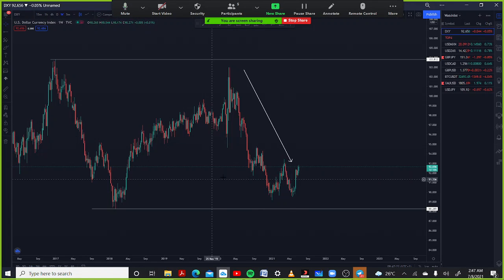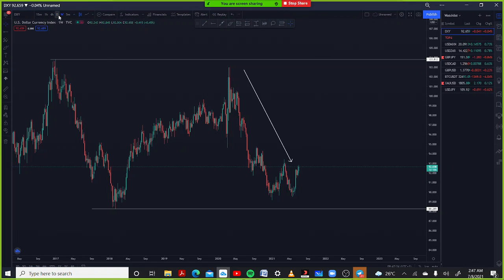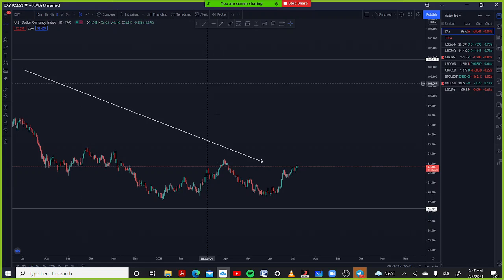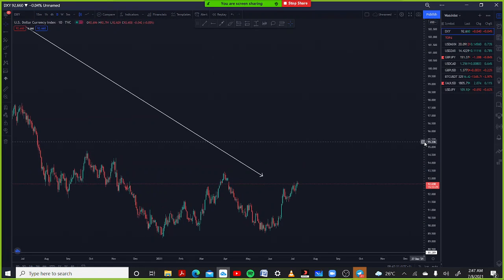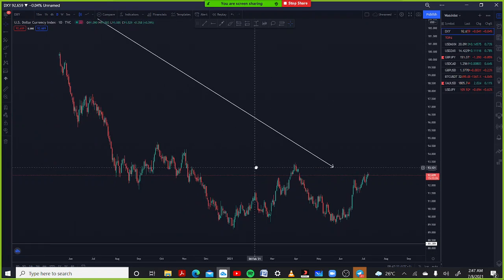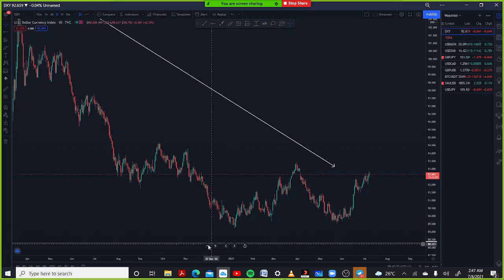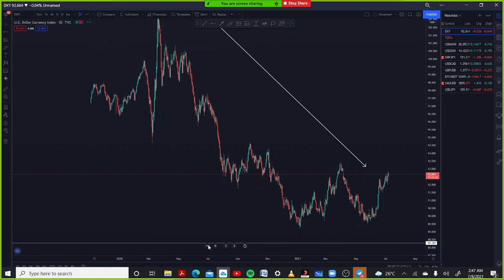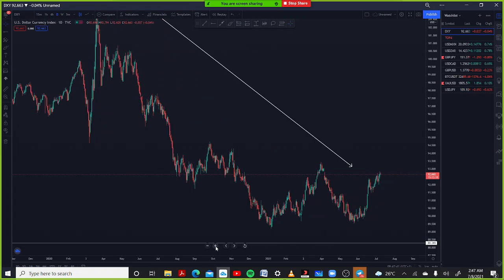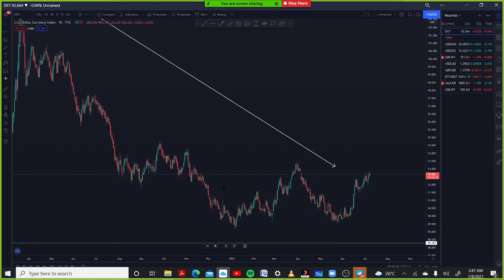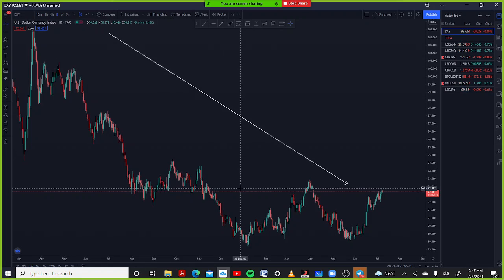Now the next thing you want to do is go to the daily time frame. What you want to do is highlight the key levels on the daily time frame.